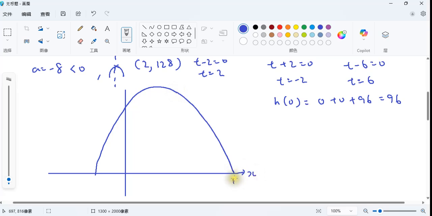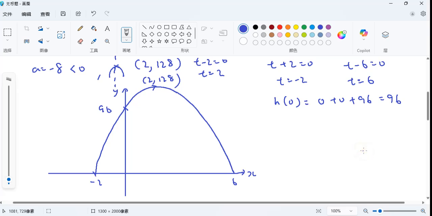So this is x, 6, negative 2, 96, y, and this is the (2, 128). Okay, so this is the graph.